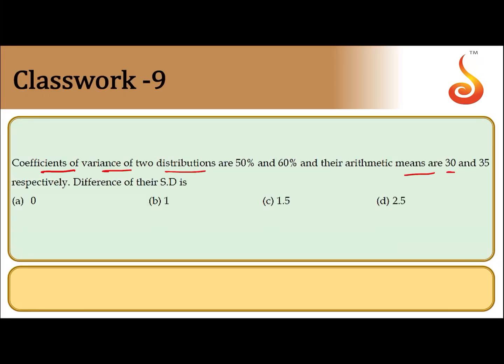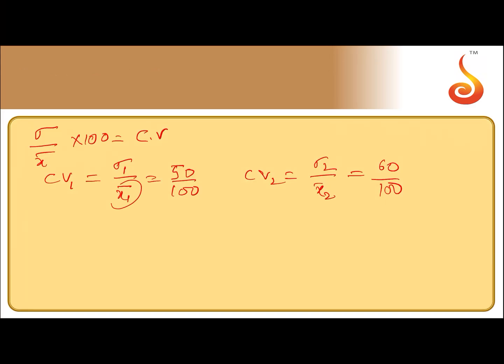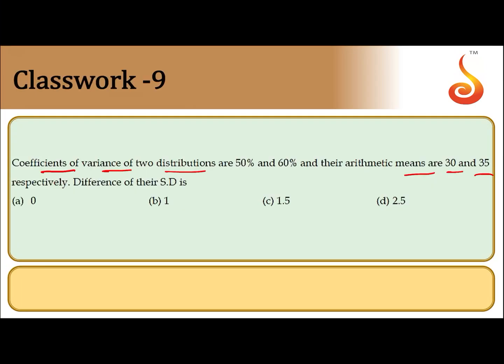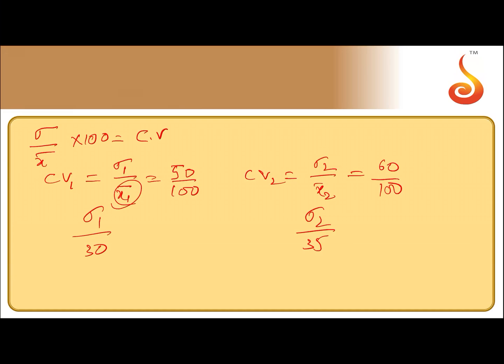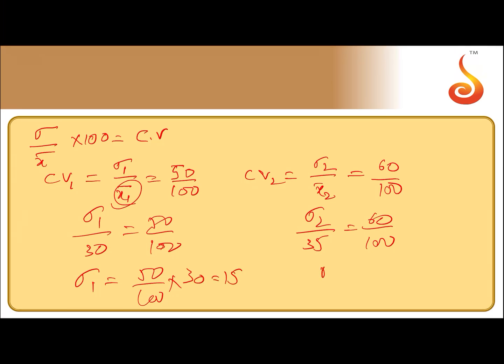You are given that the means are 30 and 35. So sigma 1 divided by 30 and sigma 2 divided by 35. You are asked to calculate the difference of their standard deviations. Simplifying, sigma 1 is 50 by 100 multiplied by 30, which is equal to 15. Sigma 2 is 60 by 100 multiplied by 35.